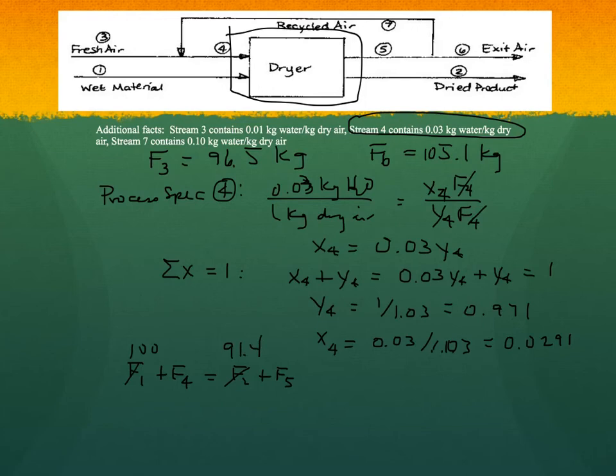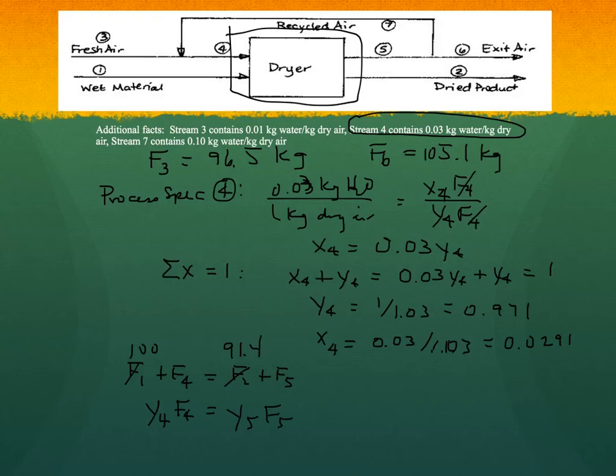I could do either an air or a water balance on each of these things, but whichever one I choose, if I do air, because it doesn't show up in the other streams, Y4 F4 is going to equal Y5 F5.